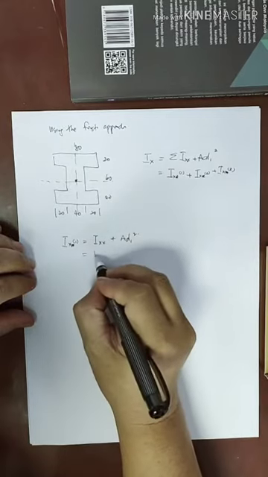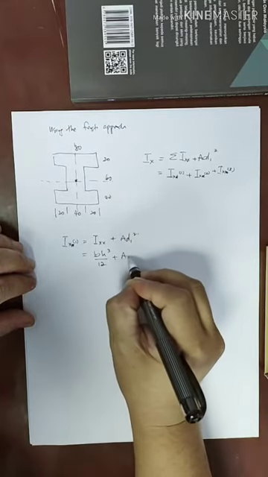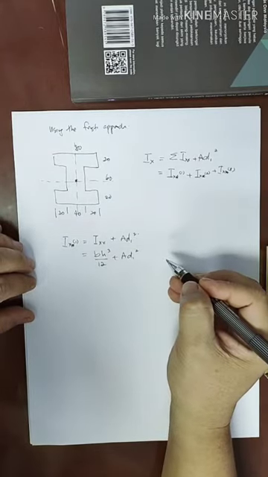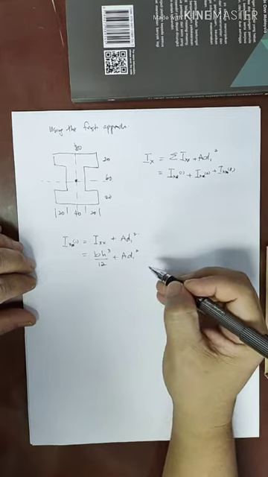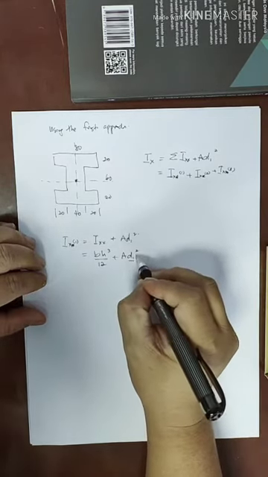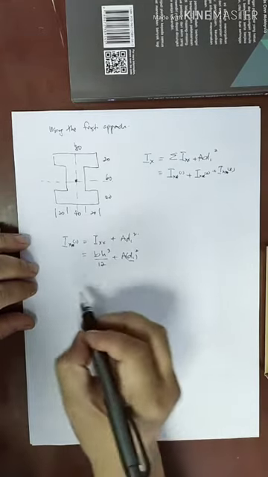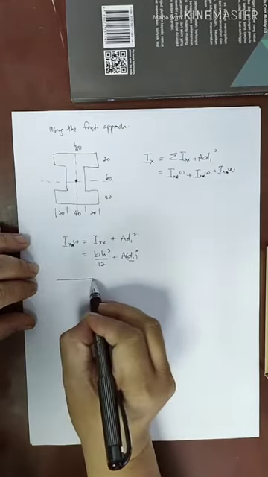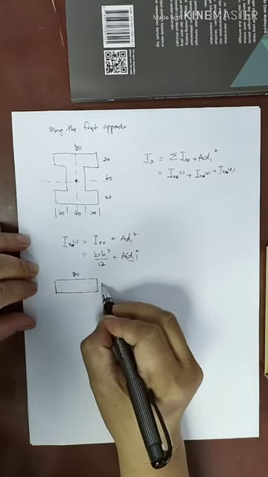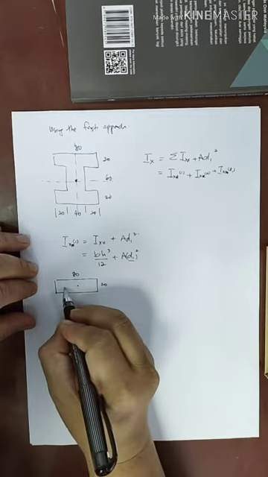So this is referring to BH cubed over 12 plus AD squared. So what is the D? For the first part, we have 80 by 20, and half of it is 10.